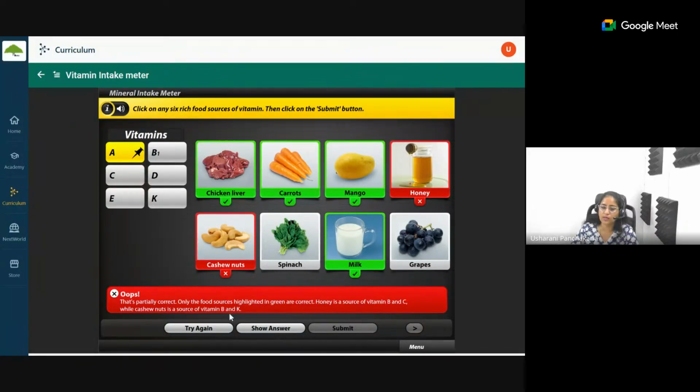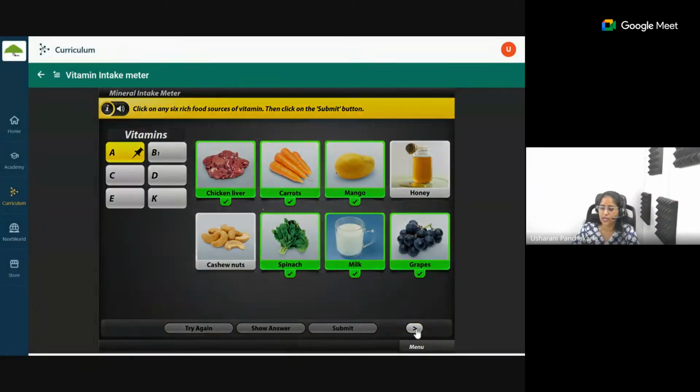Reflection is where you give a hint in terms of this is wrong, and why it is wrong, saying that it is not a source of vitamin A, but it is a source of vitamin B and C. Cashew is a source of vitamin B and K. This is what the student needs: why he has gone wrong with a particular option. Then you can say show answer, and move on to the next.